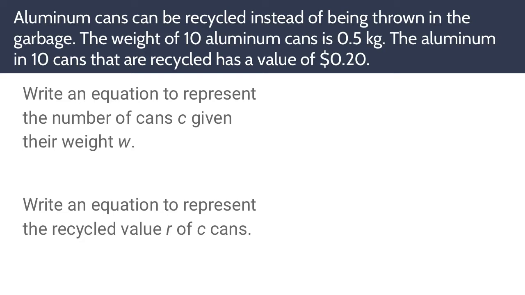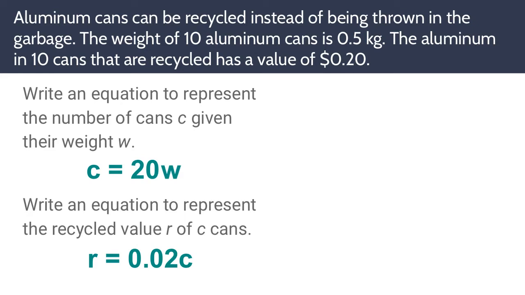Write an equation to represent the number of cans C, given their weight W, and then write an equation to represent the value R of C cans. So the answer would be C equals 20W and then R equals 0.02C.